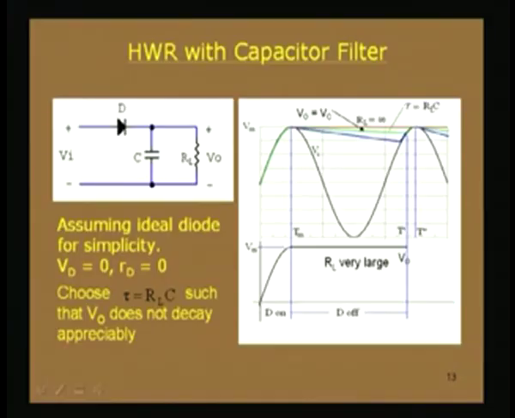Now, in the positive half cycle, when the upper point is positive with respect to the lower point for the input voltage Vi, the diode will conduct as it is forward biased and it will charge this capacitance.